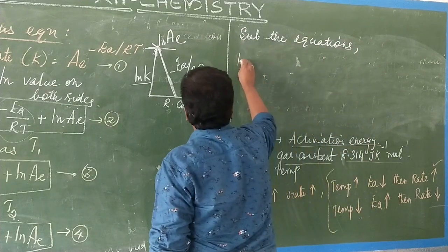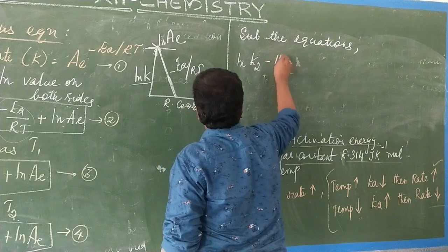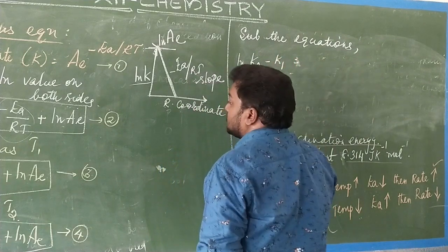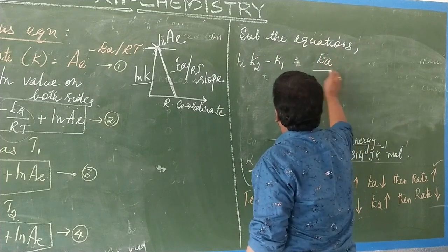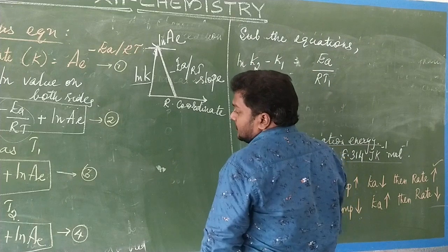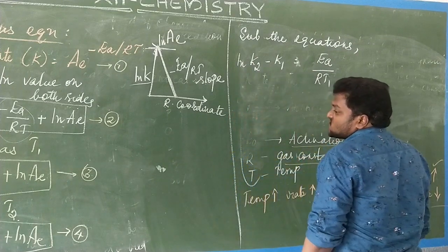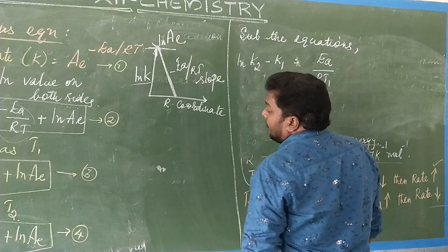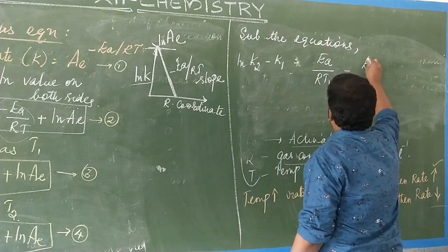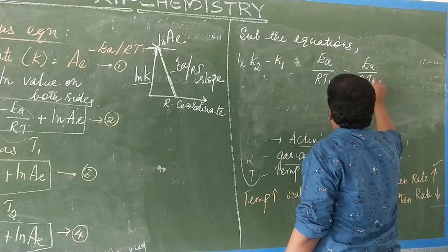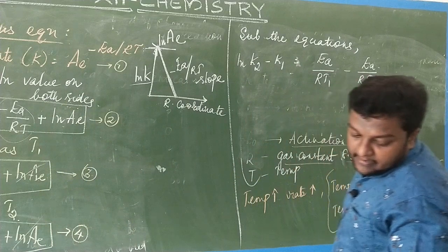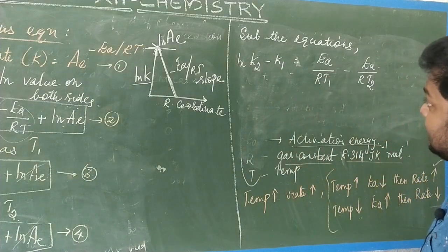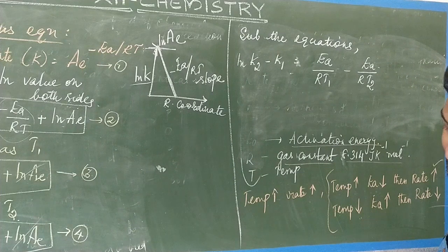Ln of K2 minus ln K1 will be equal to minus EA becomes plus EA by RT1 minus EA divided by RT2 now. This and this become cancelled. Isn't it? What have I written now? Ln of K2 minus K1 will be equal to EA by RT1 minus EA by RT2.